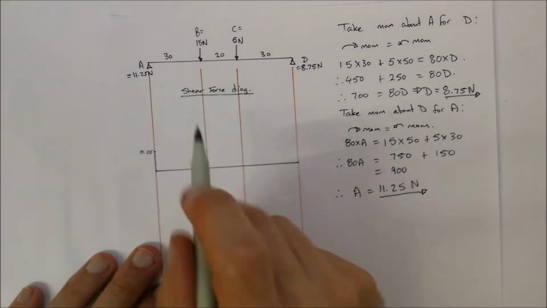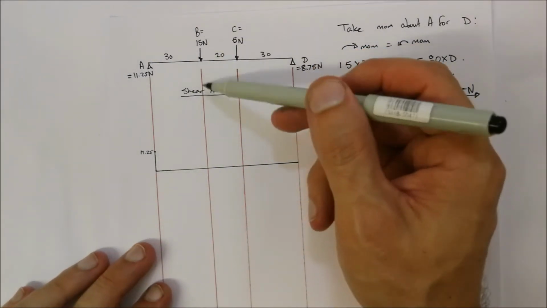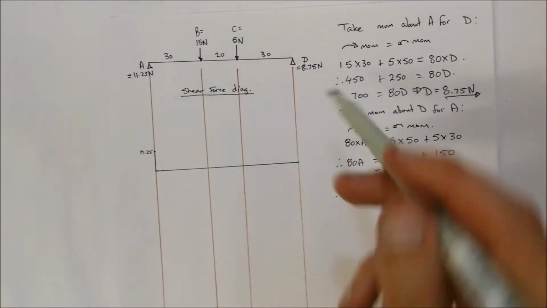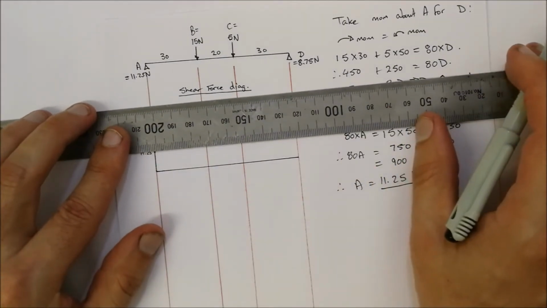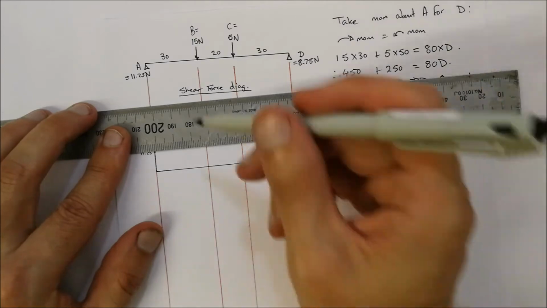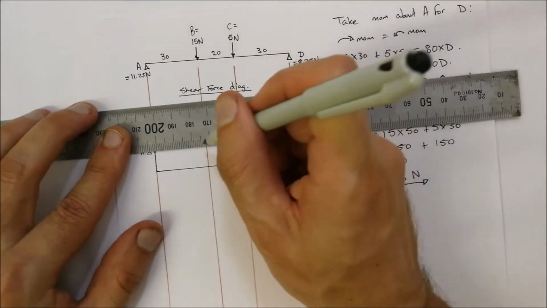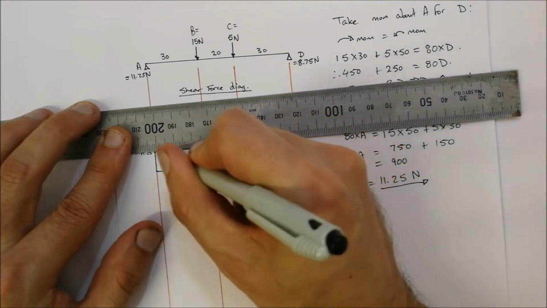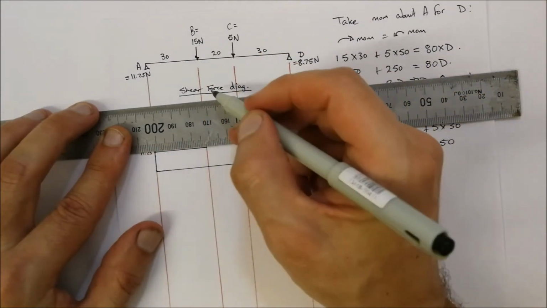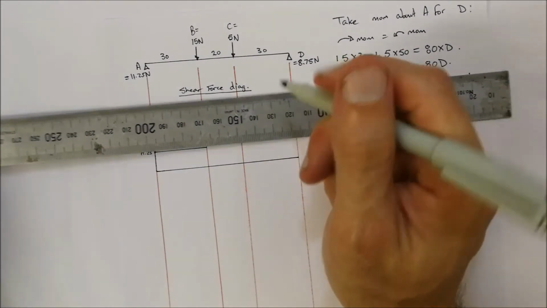Okay, then we've got a force over here of 15 newtons going down. Okay, so we're going to be drawing a straight line across from A to B, because there's no other forces acting over there. It's only at B that there's another force acting, so we're going to be drawing a straight line over there, and at B 15 newtons is going downwards.